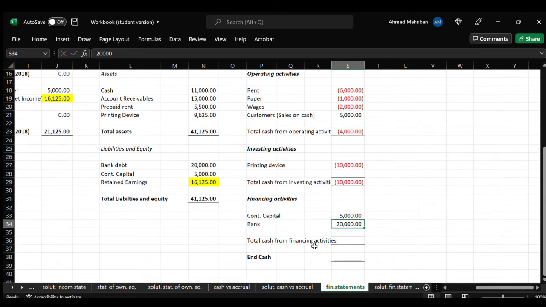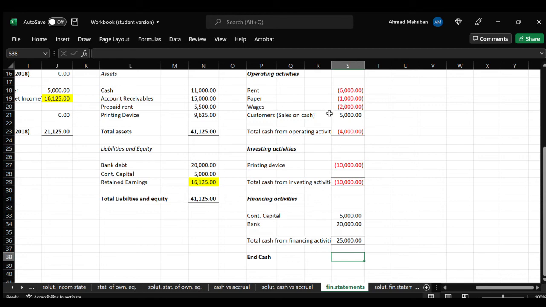Now the total cash is the total sum, and that's basically $25,000. Now the end cash here, don't be afraid, don't be alarmed, just because you can see all of these entries and you probably are already confused, thinking: but we did all of these expenses, what happened to that? All of the expenses are recorded here.